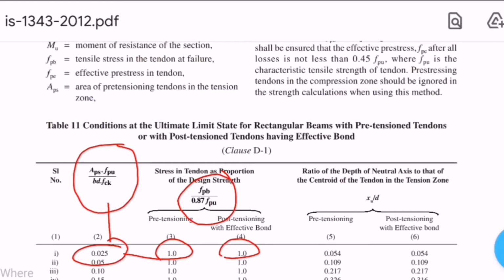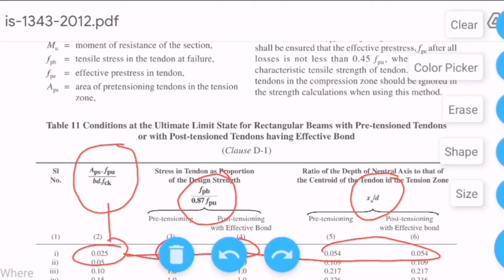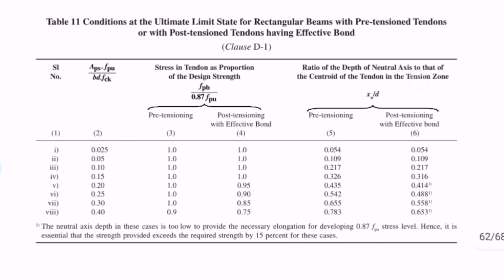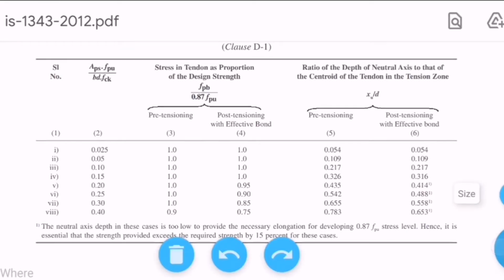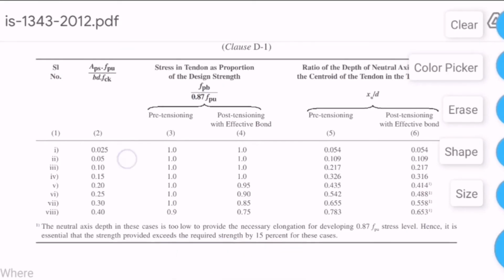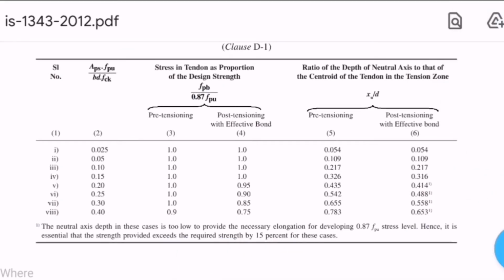And if you want to find the value of Xu, we have to go for Xu by d, and the corresponding values shall be taken accordingly here. If the values aren't exactly as we are getting here, for example, we have 0.025 in the first and 0.05 in the second.